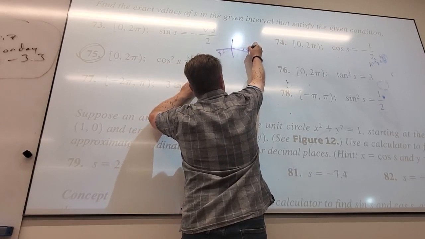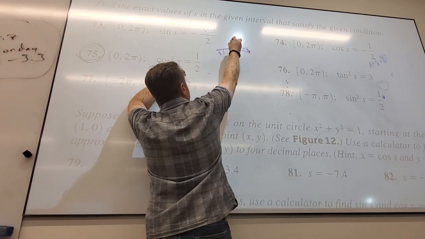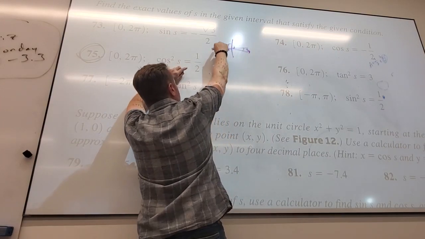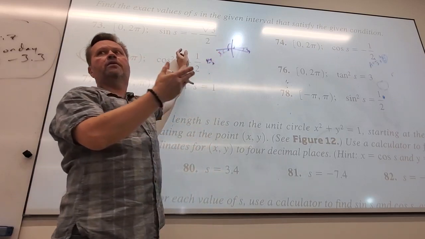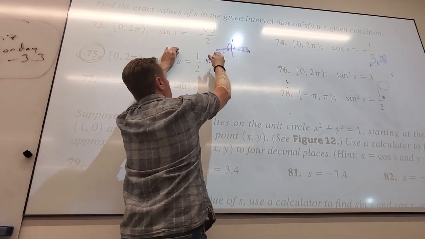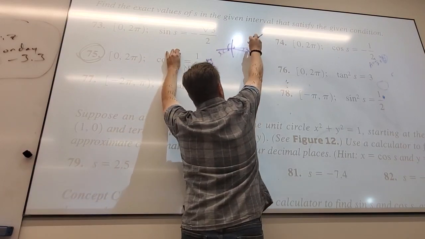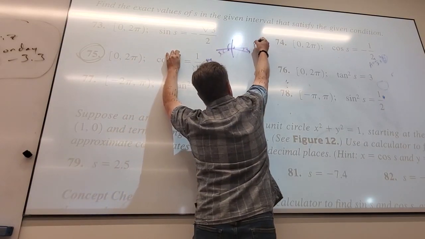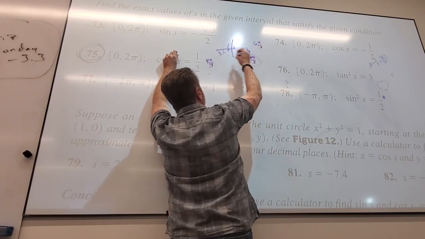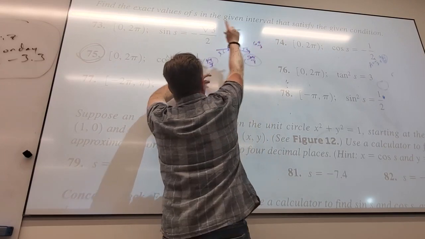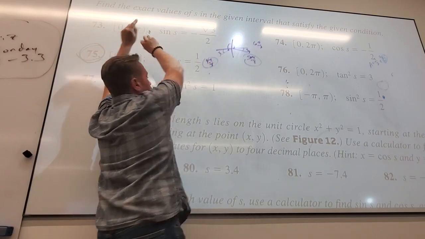What's pi over 3 past the full pi? 4 pi over 3. It's a third of a pi more than a full pi. What's pi over 3 before 2 pi? Remembering that 2 pi is 6 pi over 3, that's going to be 5 pi over 3. Those are the answers to this because they live in this interval.